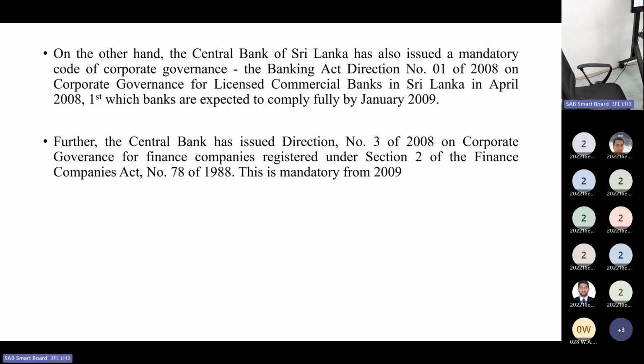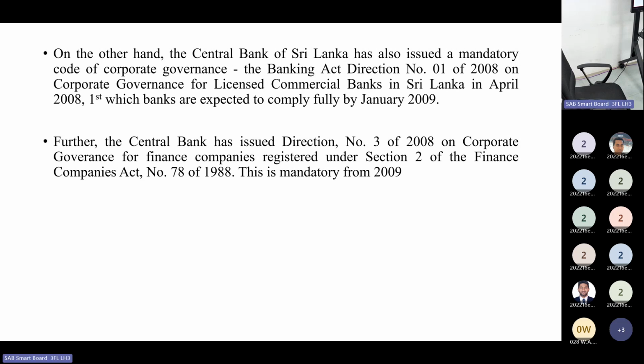Then Central Bank issued Direction number 3 of 2008 for the corporate governance of finance companies. So altogether, now we have the 2008 corporate governance code, and Central Bank issued these 2. Right? So this is how the initial structure of corporate governance was built for companies in Sri Lanka.